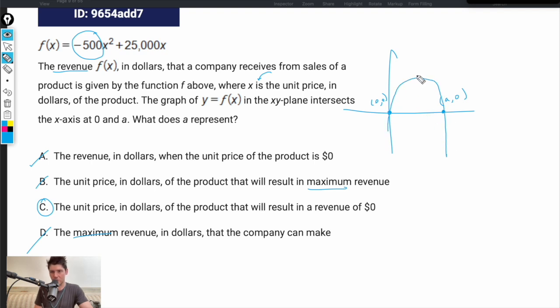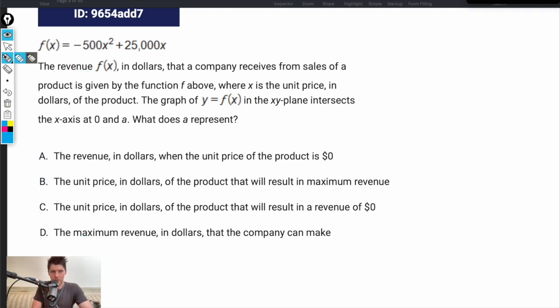So the high point is in between, and that's certainly above revenue equals 0, since revenue equals 0 is on the x-axis, right? When f of x, when the y value is 0. Okay, so that's another one of these interpreting equations questions.